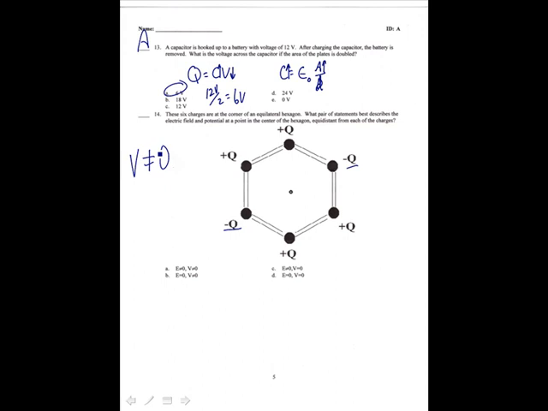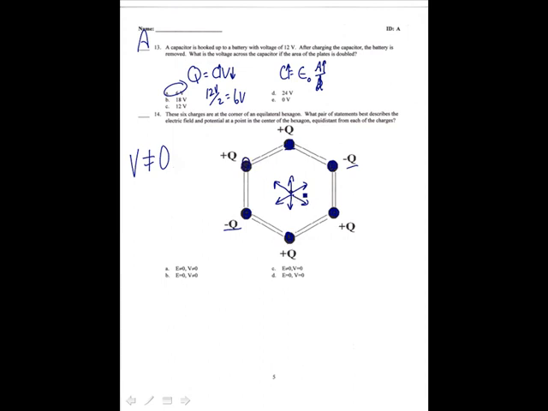And then to figure out the electric field, we just draw the electric field vector for each one. I'm going to begin with this charge right here and go clockwise. The electric field due to this charge is away, in that direction. The electric field due to this charge is in this direction, and so on for each of the remaining charges.